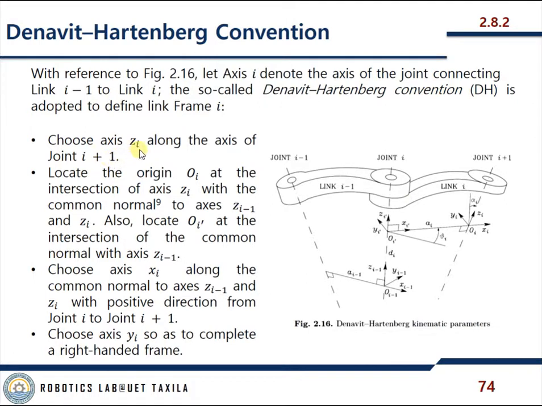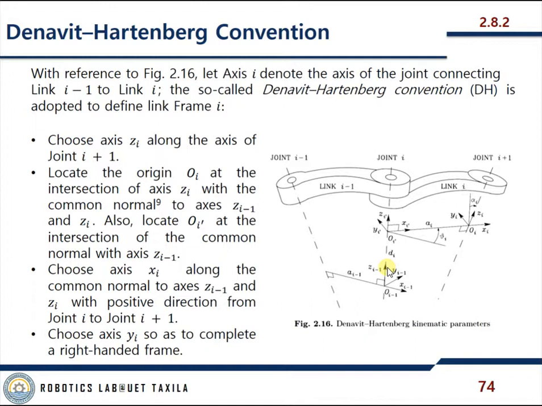Choose axis Zi along the axis of joint i plus 1. So this is joint i plus 1, and this is going to be my Zi axis, with the common normal to axis Zi minus 1. So this one is my Zi minus 1.